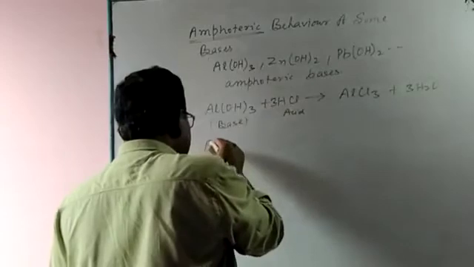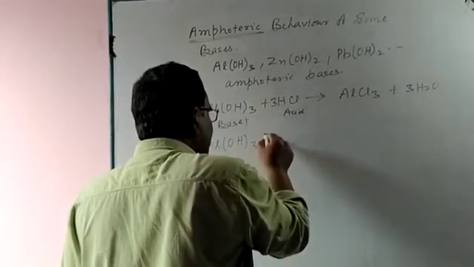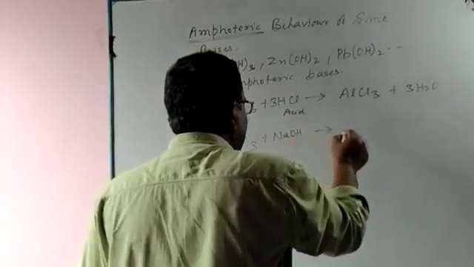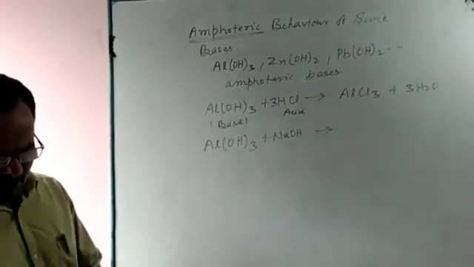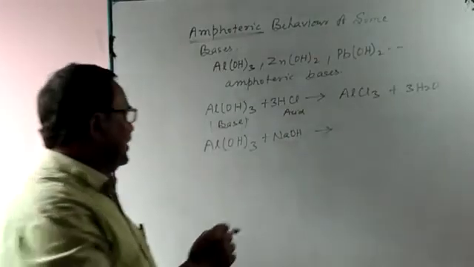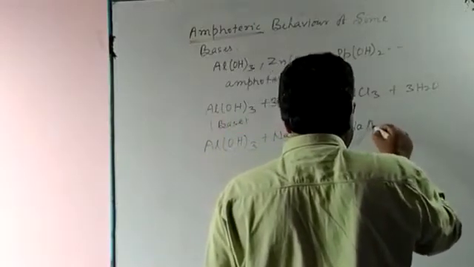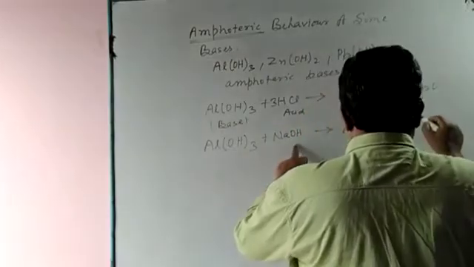Now we have to study aluminium hydroxide with sodium hydroxide. It combines with sodium hydroxide to form sodium meta-aluminate, NaAlO2, plus 2H2O.